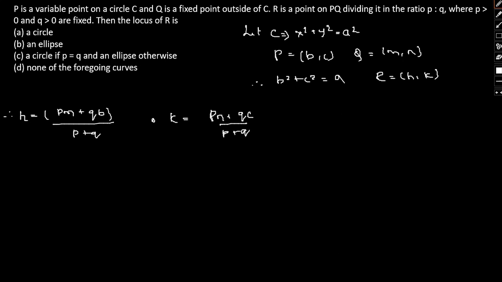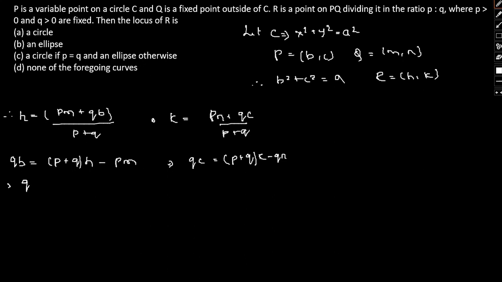Okay, I hope this is clear. Next up, if we take a look, qb can be simply given by (p plus q)h minus pm, and qc will be given by (p plus q)k minus pn.